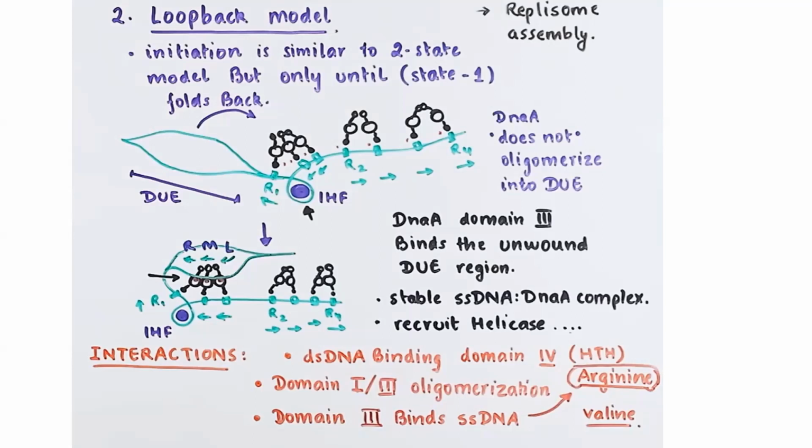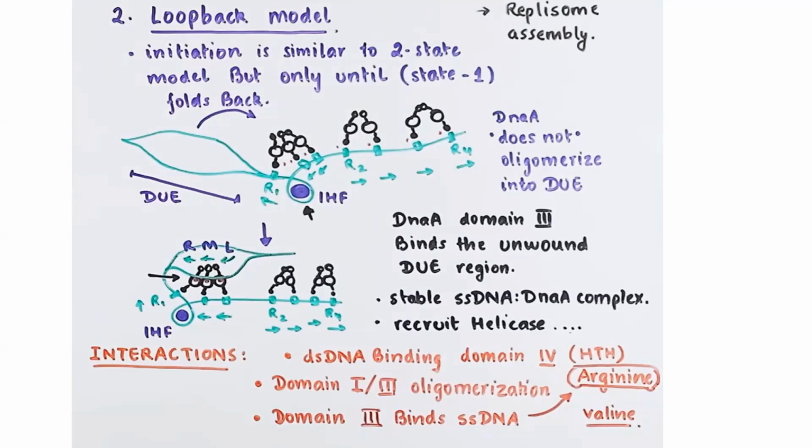Then domain 1 oligomerization, and sometimes domain 3 head-to-tail oligomerization, involves the interaction of arginine residues. Domain 3 of the DnaA protein binds the single-stranded DNA at the DUE region because of specific arginine as well as valine residues. So arginine seems to be a very crucial amino acid to mediate this interaction.